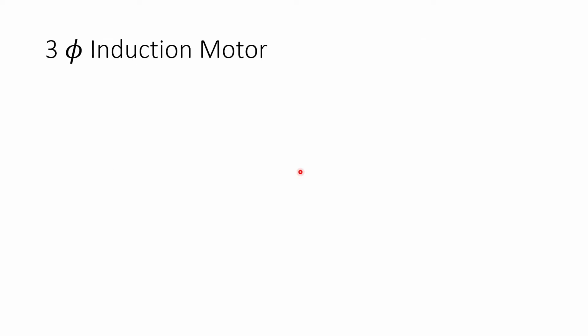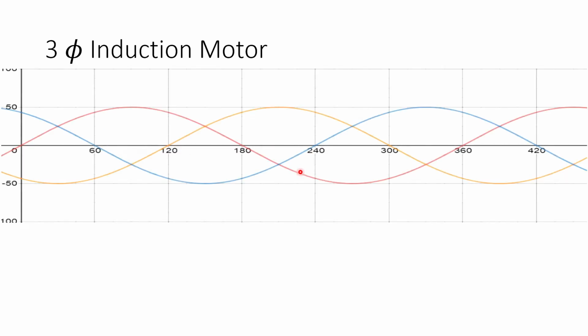To get a better idea of the conditions discussed above, let us see how a three-phase induction motor produces a rotating magnetic field. We are all familiar with the three-phase supply graph, and if we look at a particular instant in this graph, for example at this instant, we can see that the R phase is maximum and the Y phase and B phase are negative and in the opposite direction.